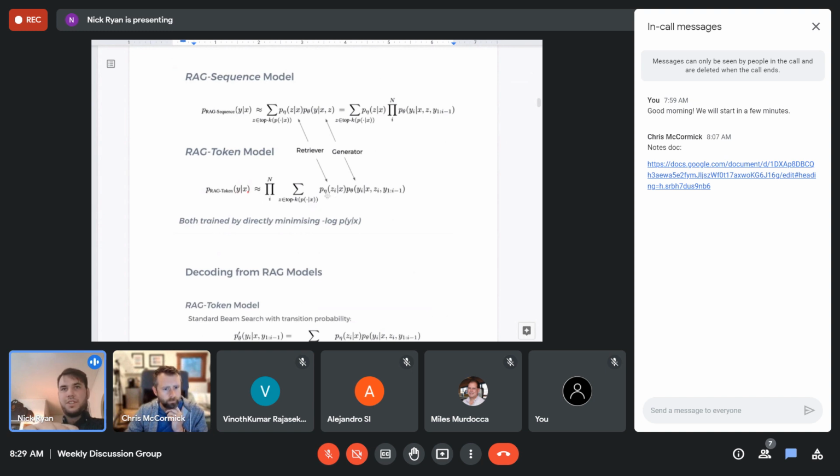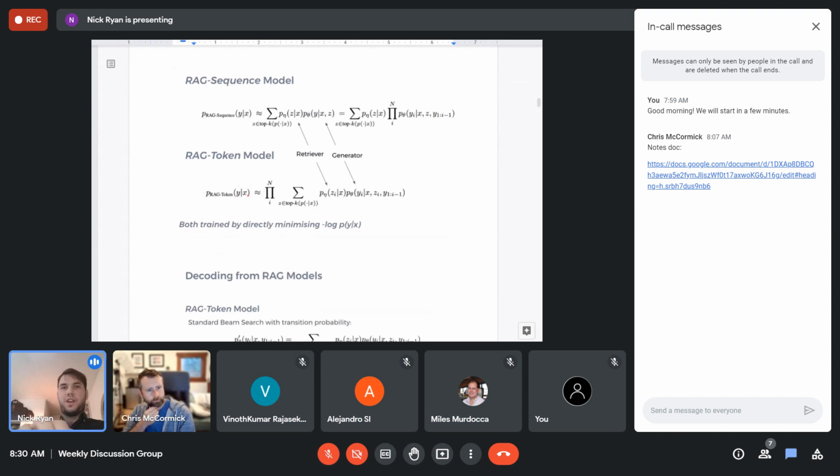So once again, the probability of the document given the input sequence times the probability of word i given the question, the document, and words 1 to i minus 1. So all of the sequence up to then. What is the probability of that word? Well, it's just the probability of that word occurring from document 1 plus document 2 plus document 3.